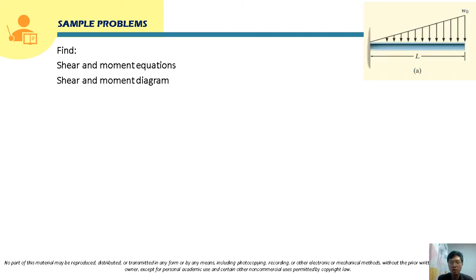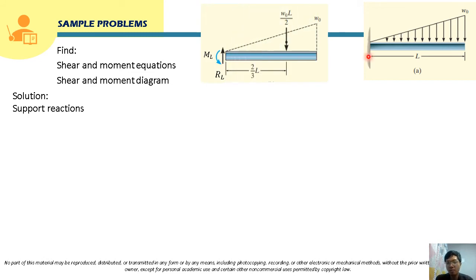Okay, so for this problem, class, again, we are going to start with the computation of the reaction forces here at the support. So we are going to draw here the free body diagram. Okay, so class, for fixed support, we know that there will be 3 reactions, right?